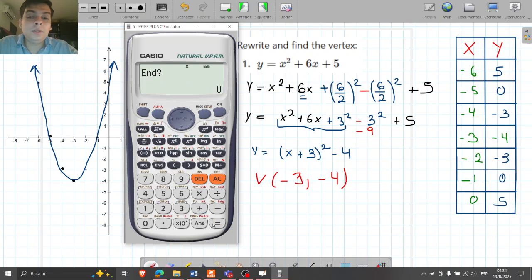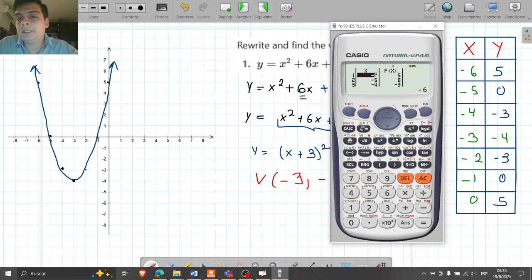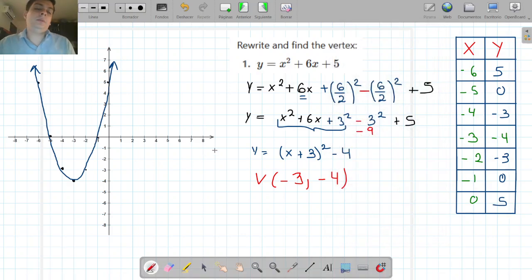We start at minus 6, we finish at 0, and you'll see that the table is exactly the same. Minus 6, 5; minus 5, 0; minus 4, minus 3 is the same value. So don't worry, it's going to be the same. We just write this to find the vertex, and this is why I teach you to complete the square.